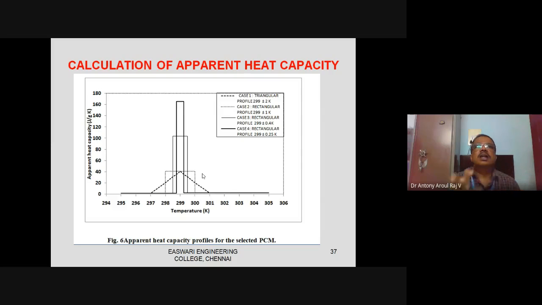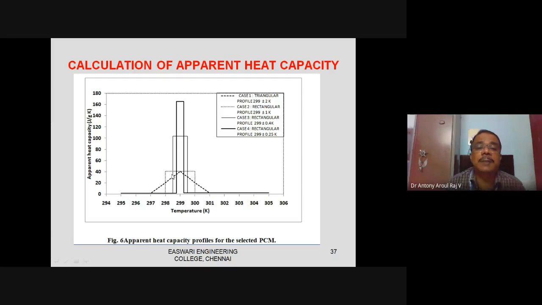Between solid and liquid, that is 30 and 32, you give the specific heat corresponding to the two phase region. To find that specific heat, take the latent heat value and divide by the temperature range, which for our case is 2. So latent heat divided by 2 gives the specific heat. Those values you have to give, one value here and another value here. If I give it like that, I will get the solution.